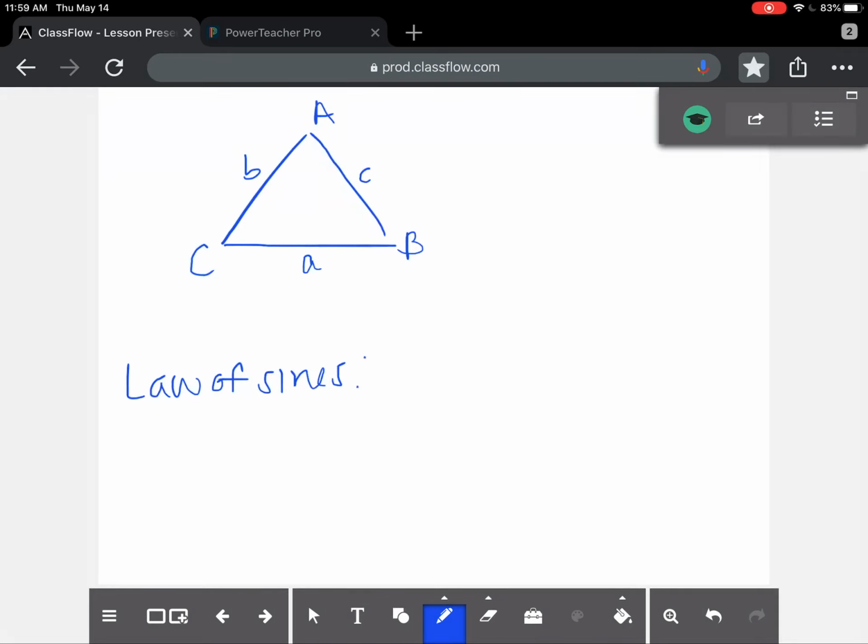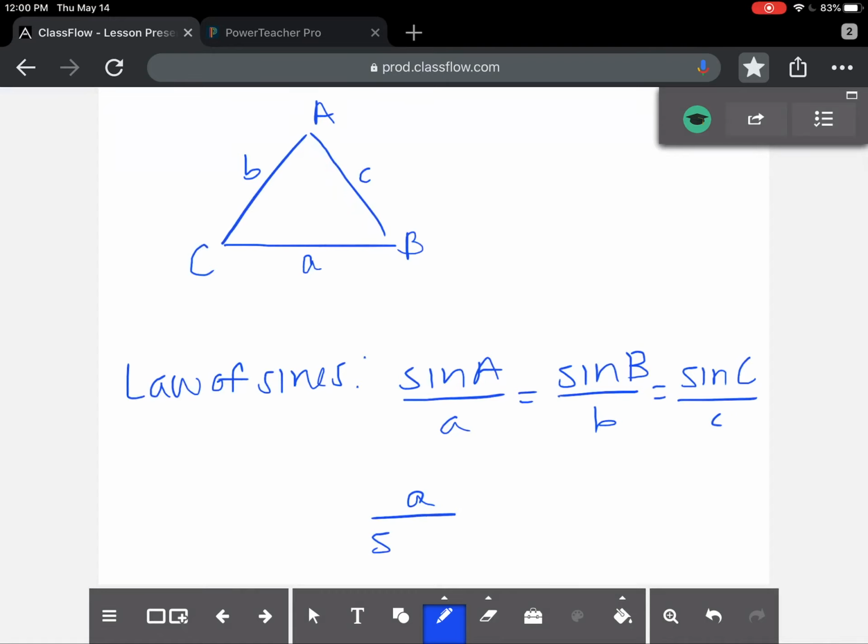So if you have triangle ABC and side lengths little a, little b, and little c, you will use this formula. Sine of A over little a equals sine of B over little b equals sine of C over little c.